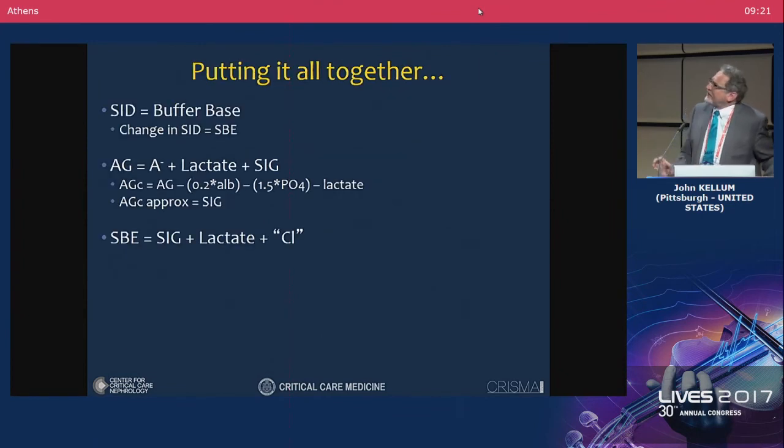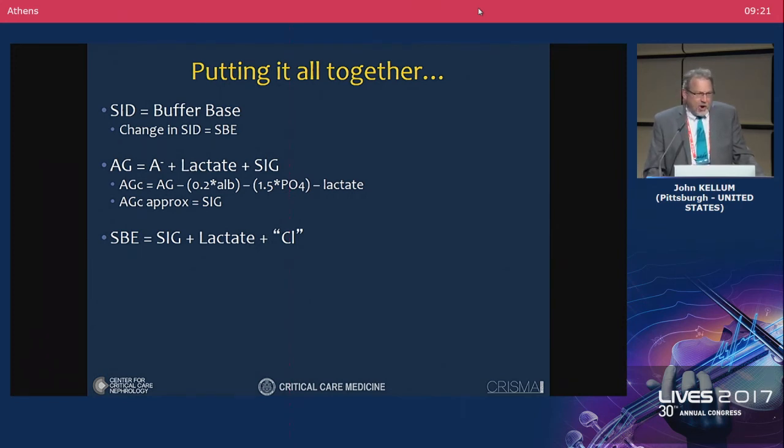So putting this all together, strong ion difference is equivalent to buffer base. Therefore, the change in strong ion difference equals the base excess or base deficit, depending which direction it goes in. The anion gap is composed of weak acids plus lactate plus the strong ion gap, so it's all those things together.